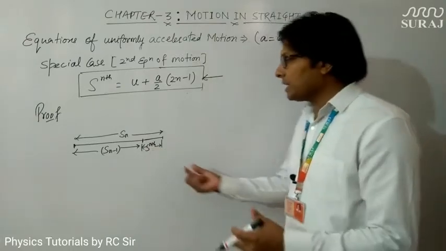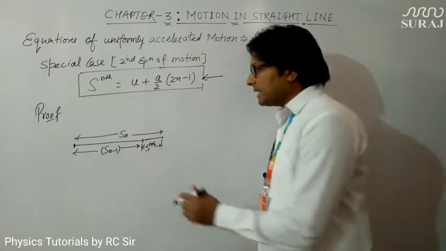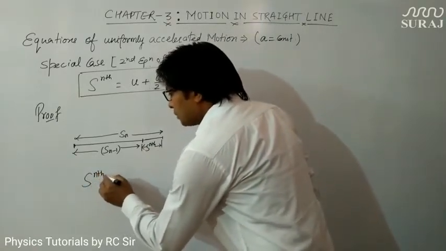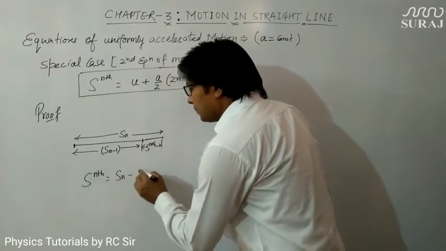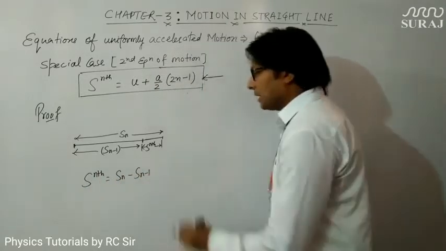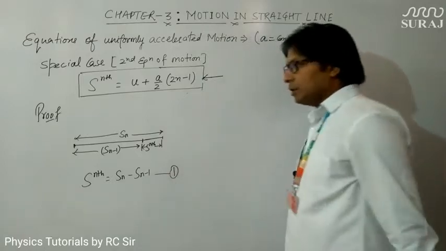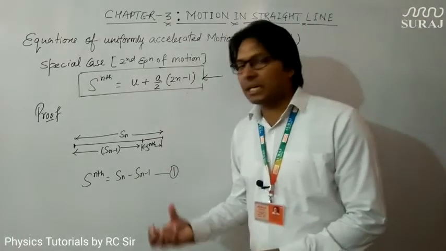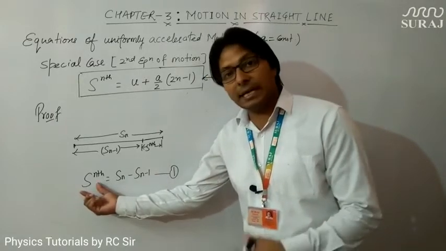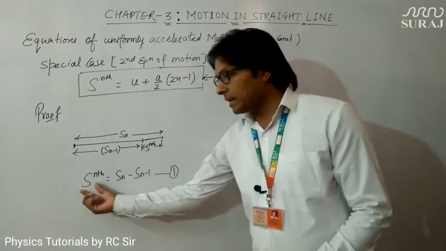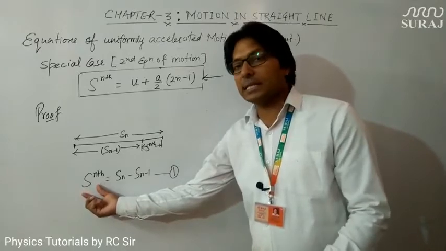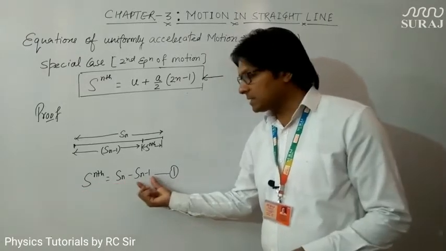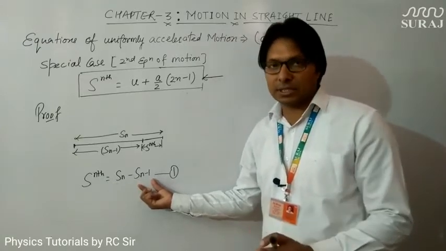So this is how we can calculate the value of Snth. From here I can write Snth is equal to Sn minus S n minus 1, and this is equation first. I hope this concept is clear: we can calculate the distance covered in the nth second as the distance covered in n seconds minus the distance covered in n minus 1 seconds.